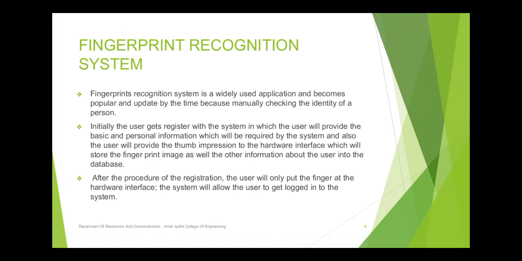Firstly, in a fingerprint recognition system, the primary process is to save a particular fingerprint. For that, initially the user has to input his basic or personal information into the system, so that it can be saved, and then move to the next process of saving the fingerprints.